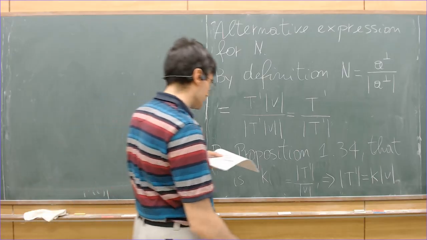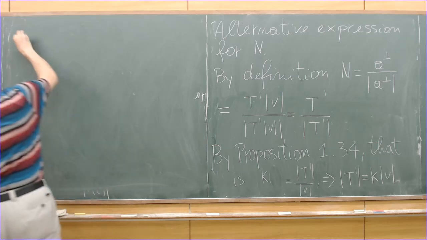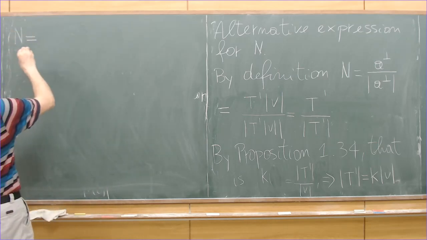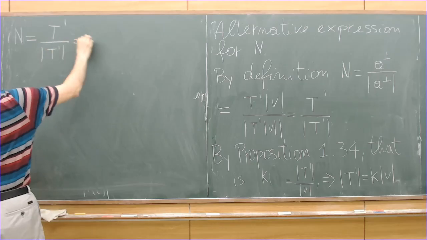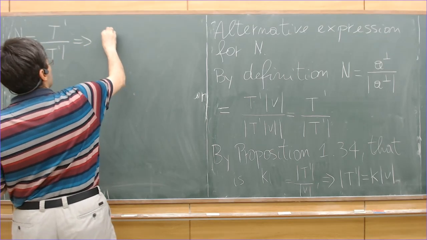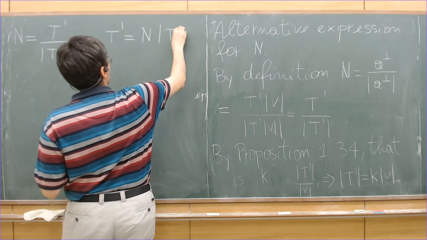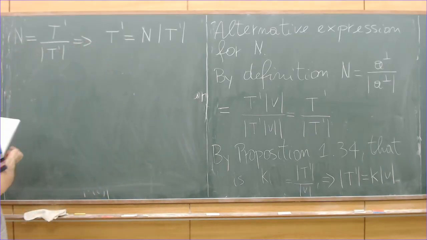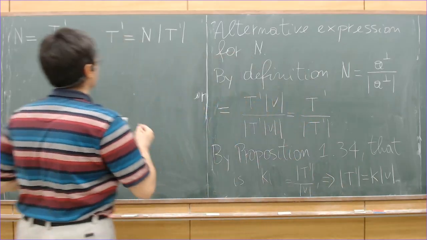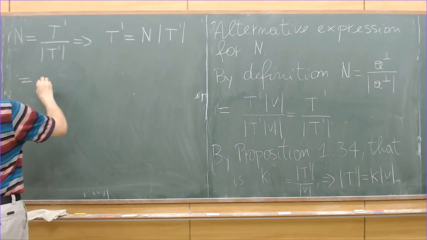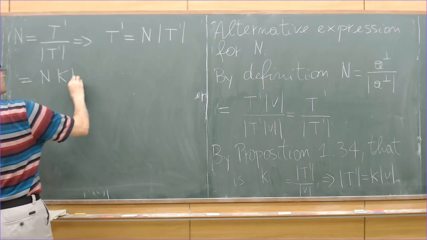Then if you look at this formula, this implies that t prime is n times the length of t prime, but we have a formula for the length of t prime, so we get n times k times the length of v.